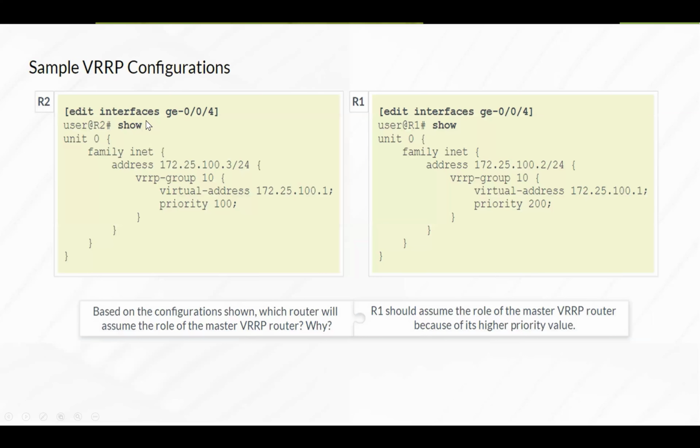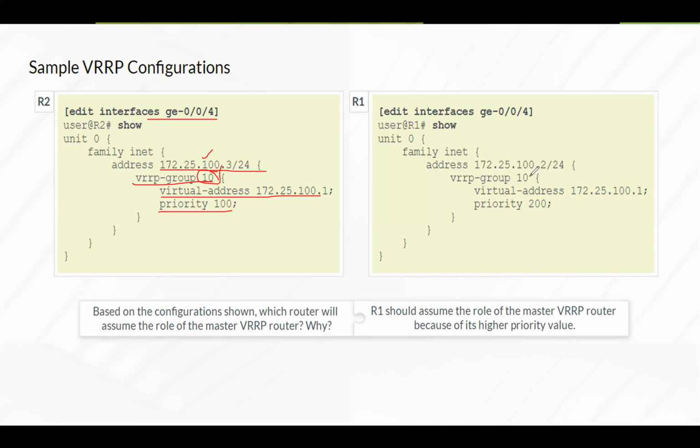This is the sample configuration, a very simple configuration basically. Just go to the interface, set the IP address, and set the VRRP group. You can choose the group number and the virtual IP address. The virtual IP address will be in this subnet, a valid IP address, and then set the priority value. The default priority value is 100 and the maximum value is 255.